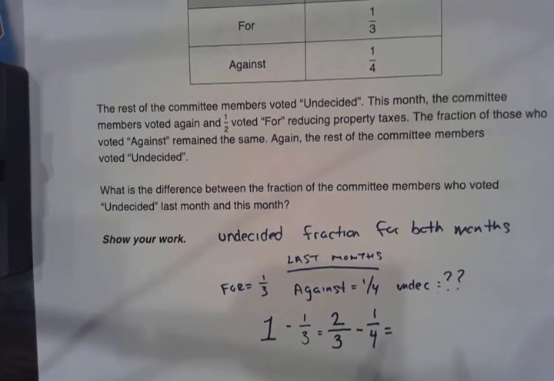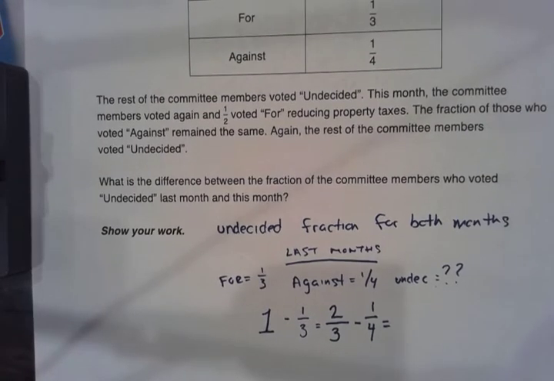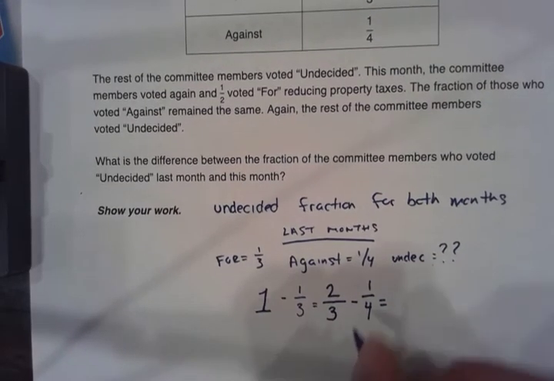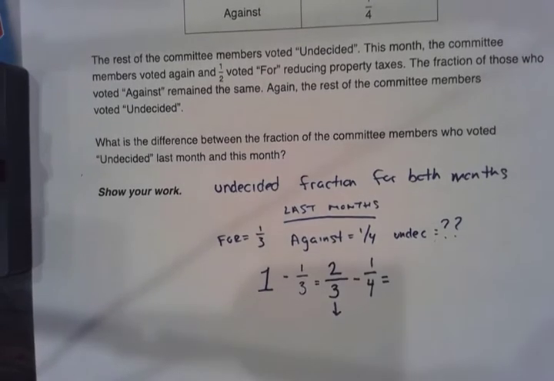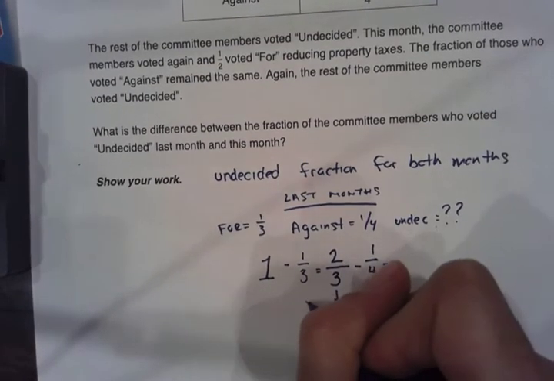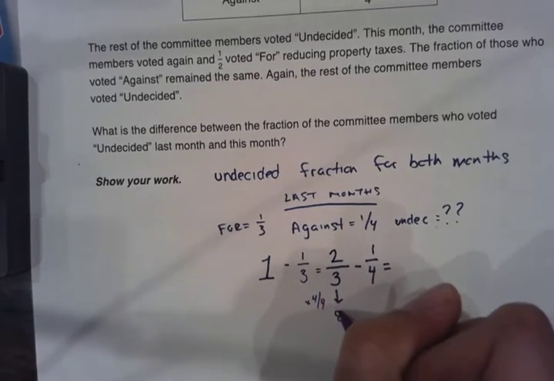But right here I see two different denominators. So now we must find a common denominator in order to do the subtraction. So if I multiply 2/3 by 4/4, I'm going to get 8/12.